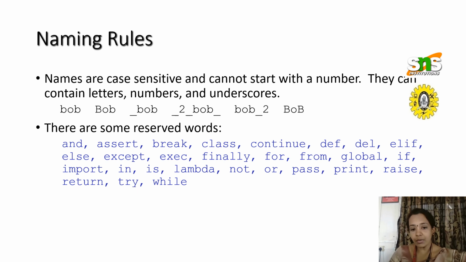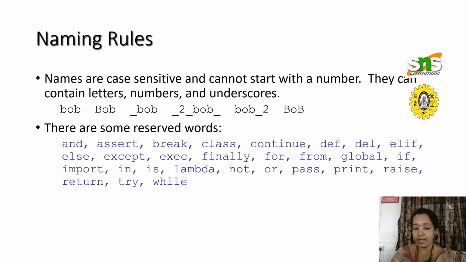These are some reserved words, or important words: and, assert, break, class, continue, def, del, elif, else, except, exec, finally, for, from, global, if, import, in, is, lambda, not, or, pass, print, raise, return, try, while. Let me read this again.